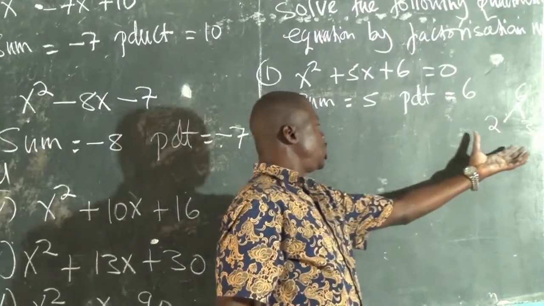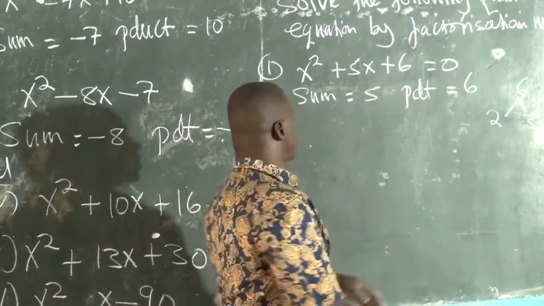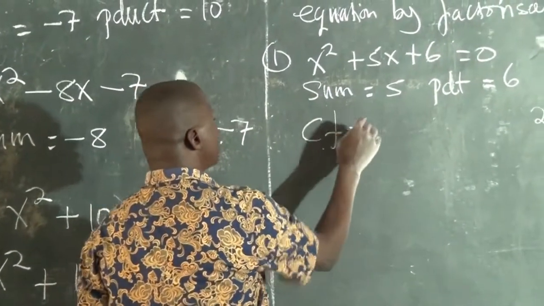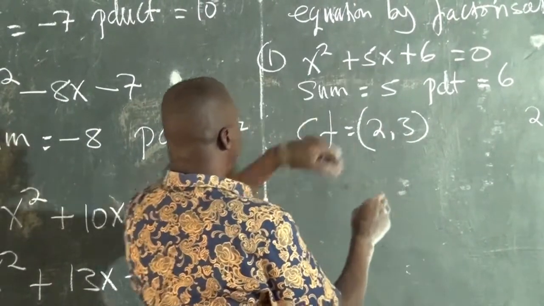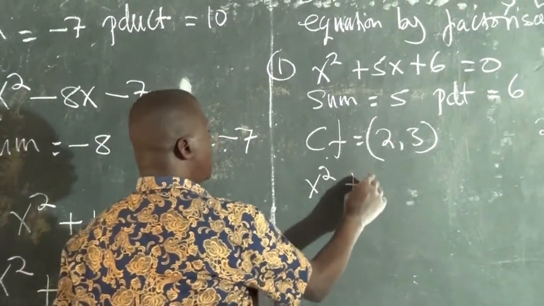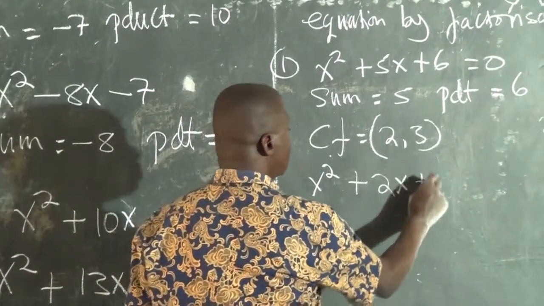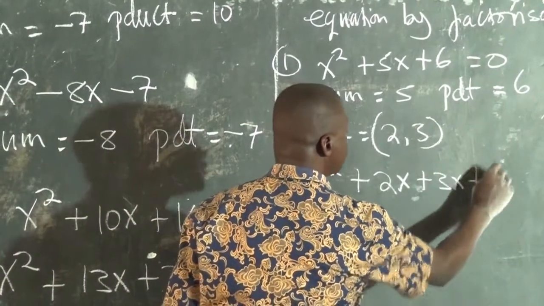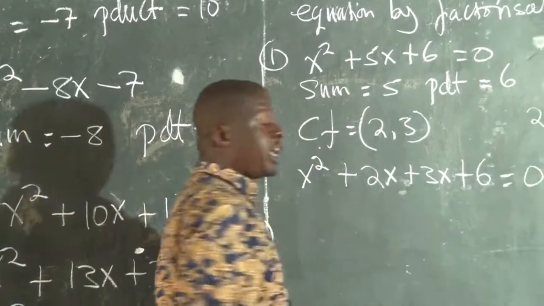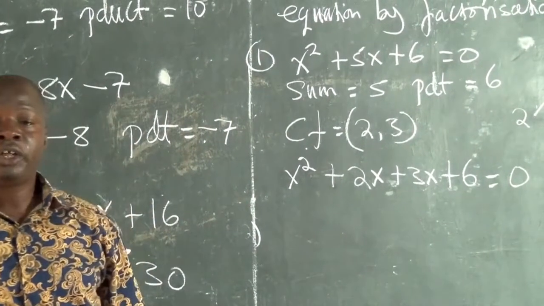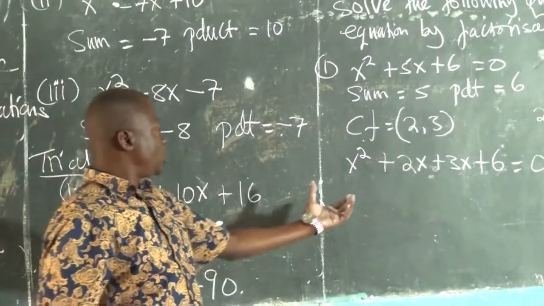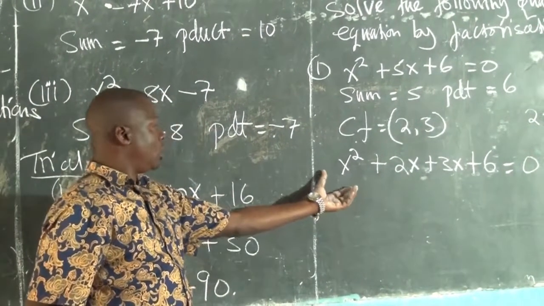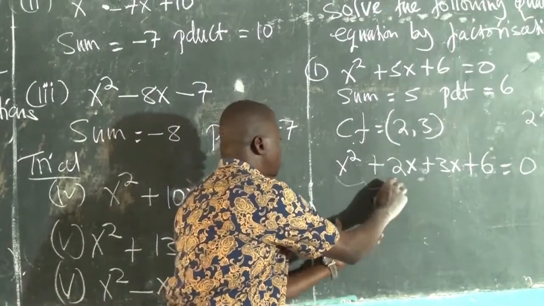Let us substitute in the common factors. You substitute them where there is a 5. So this is x squared plus 2x plus 3x plus 6. Remember, we said factorization is the opposite of expansion. So we are going to look at these numbers. Look at the first two terms.